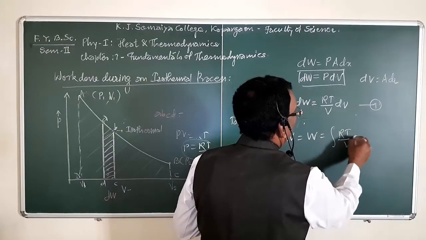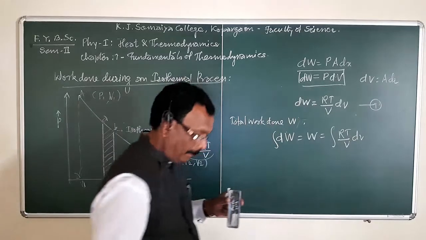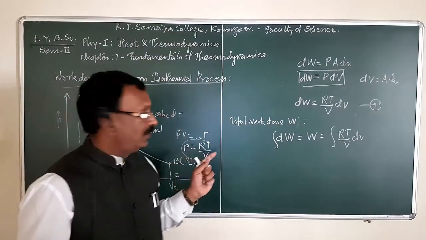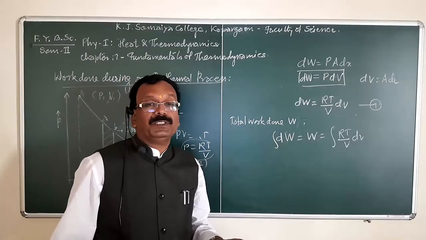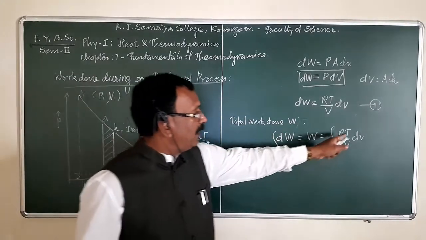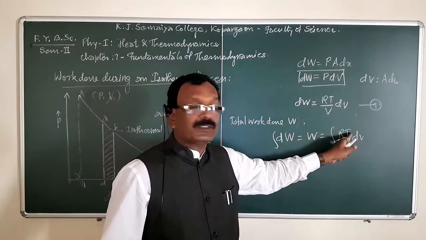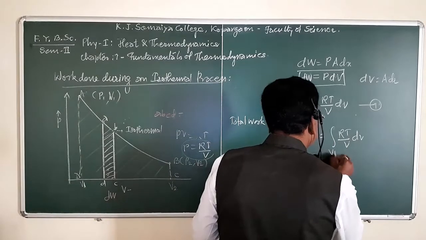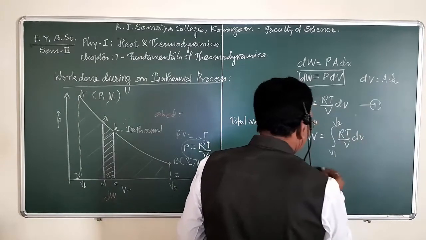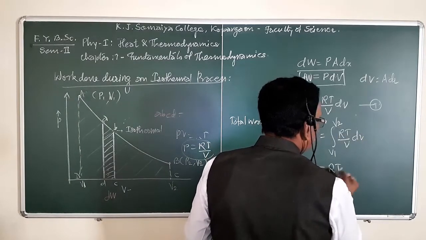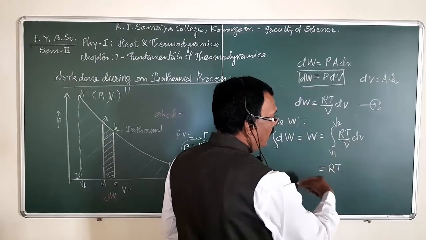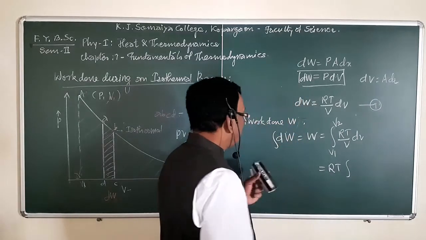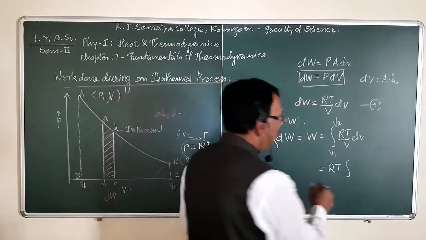We have to integrate RT upon V dV. But see here, the change is an isothermal change, or the process is an isothermal process, and for this isothermal process the temperature of the gas remains constant. R is also the gas constant. Here we can write, change takes place from volume V1 to V2, we can take RT out of the integral, because R is the gas constant and T is the temperature which remains constant throughout the system.